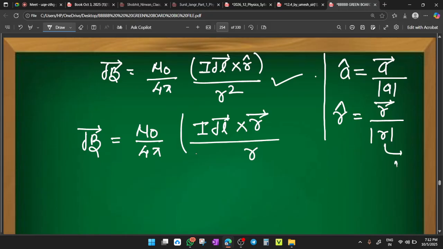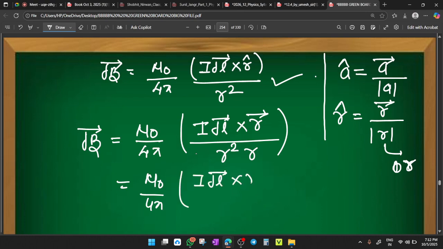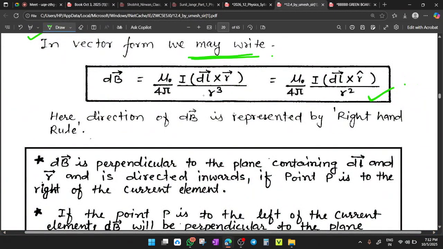Mod of r can simply be written as r. When there is no magnitude sign, then itself it is considered as magnitude. So r square into r, it will become mu naught upon 4 pi I dl cross r vector, whole divided by r cube. Yes, see here. Mu naught upon 4 pi I dl cross r upon r cube.